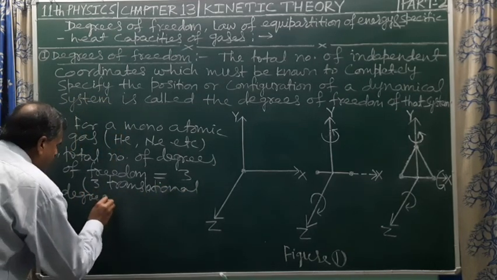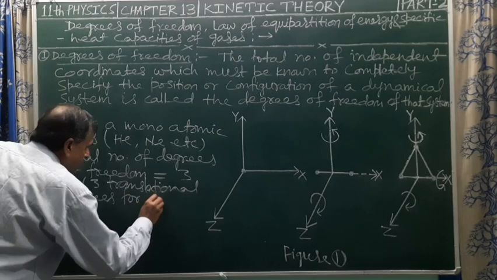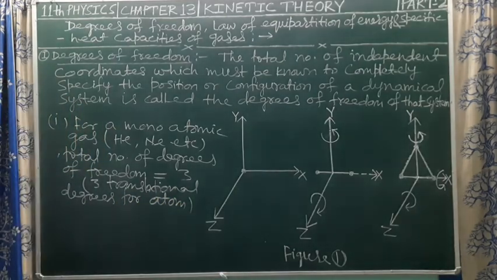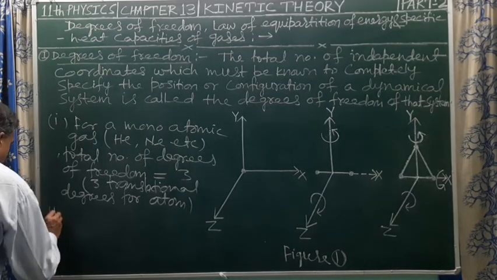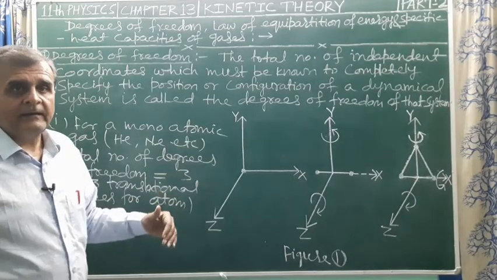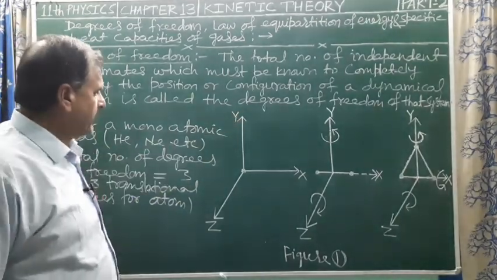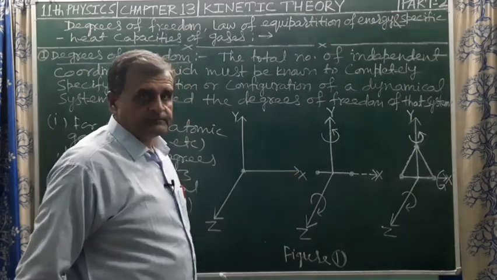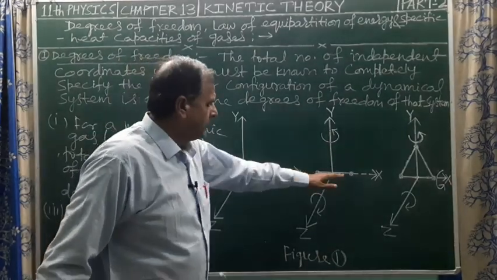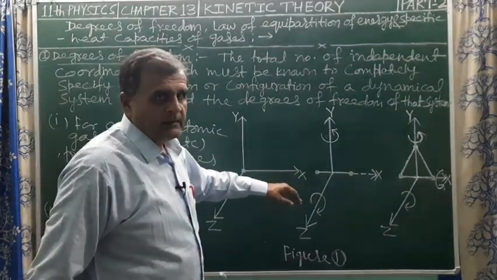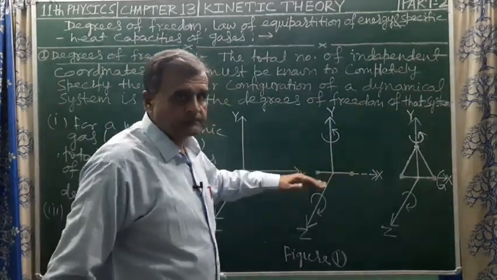Now for a diatomic molecule, for example O2, N2, H2, total degrees of freedom are 3 translational and 2 rotational, because in figure 1b a diatomic molecule is attached to each other.